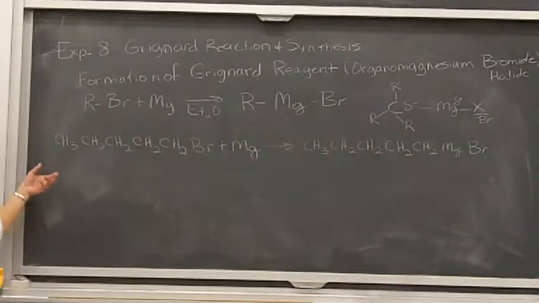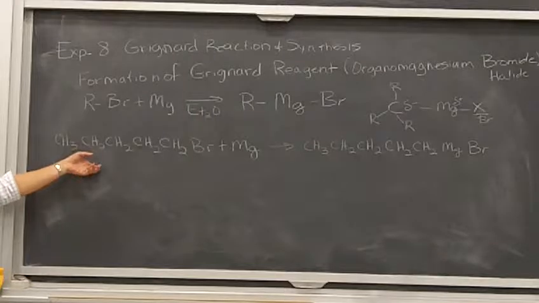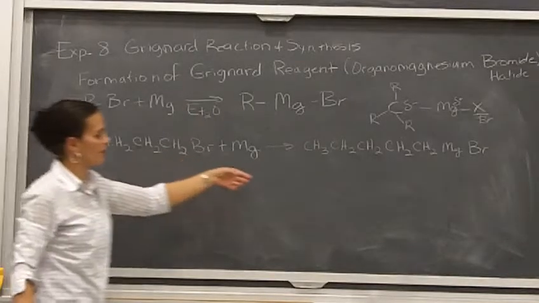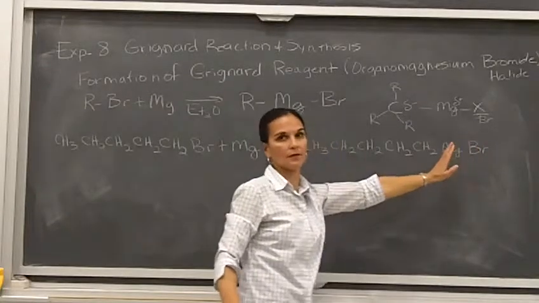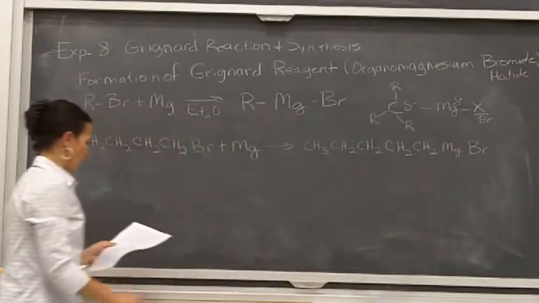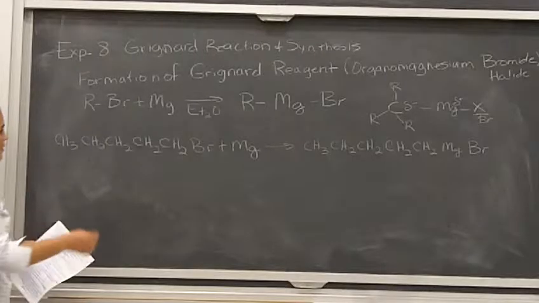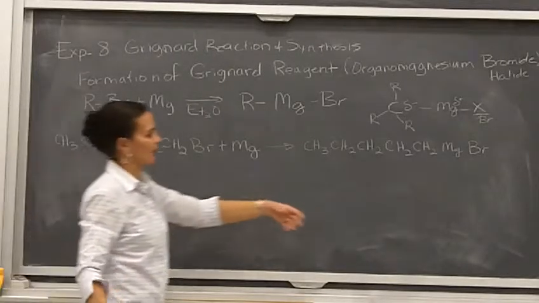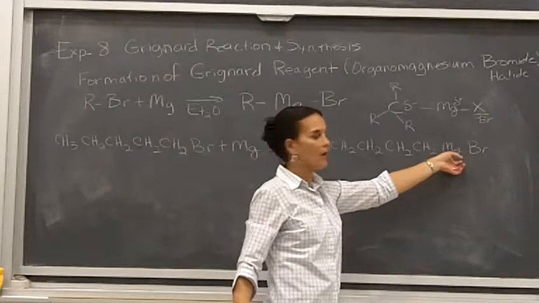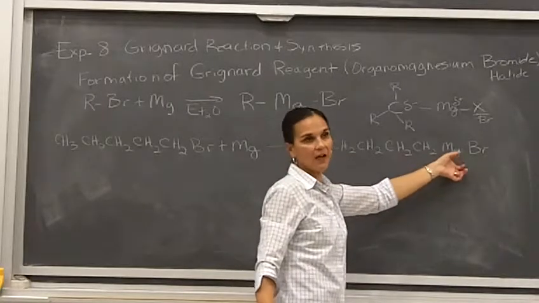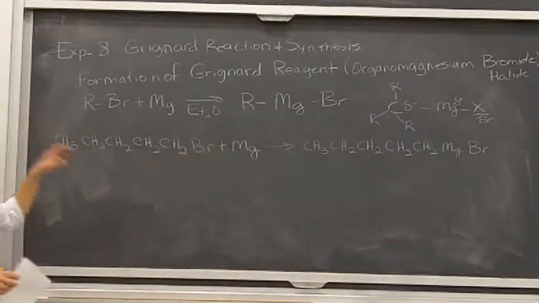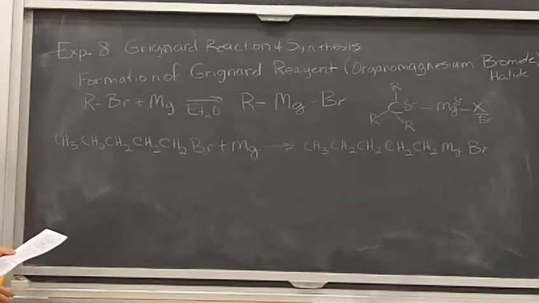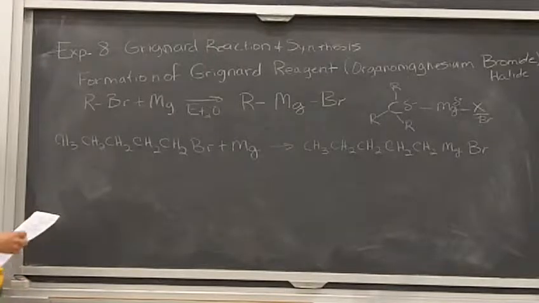So similarly, for whatever alkyl halide you are starting with, you're going to insert that magnesium between the alkyl portion and the bromine, okay? So because we've got a metal, this is also an example of an organometallic compound is what we are forming, okay? So you'll see that a little bit in the intro of the experiment in the lab manual.